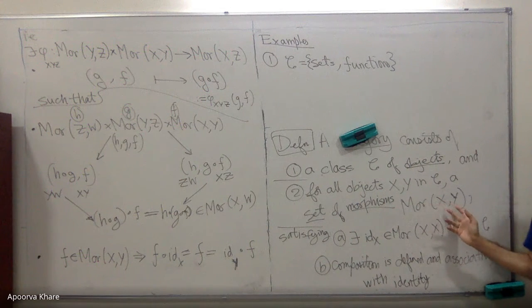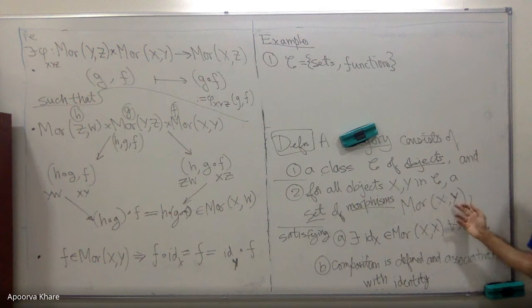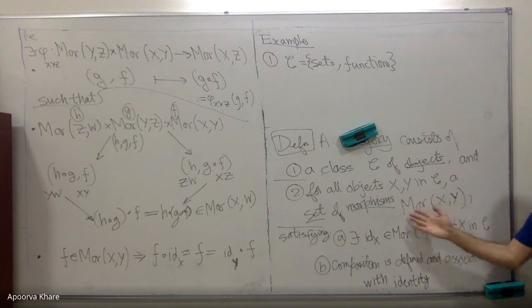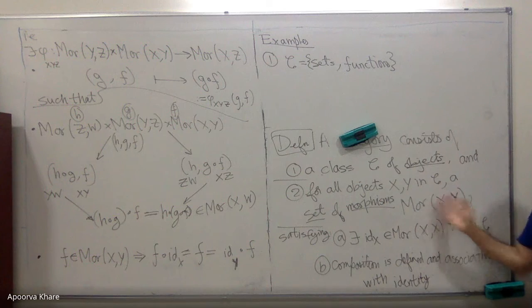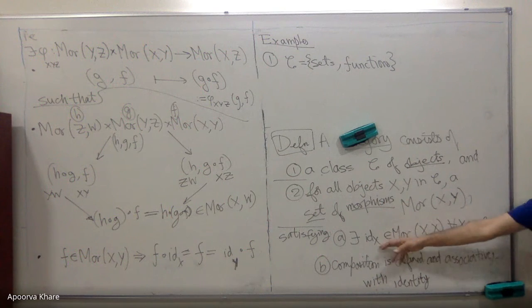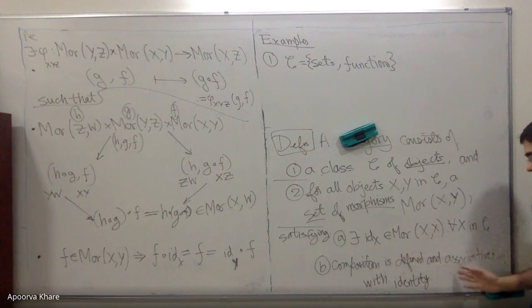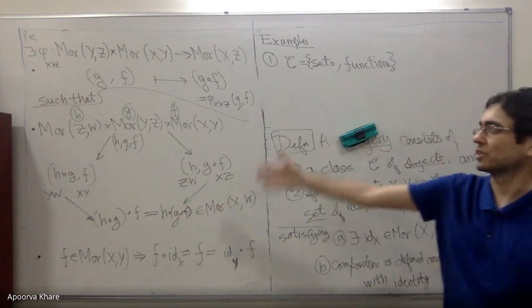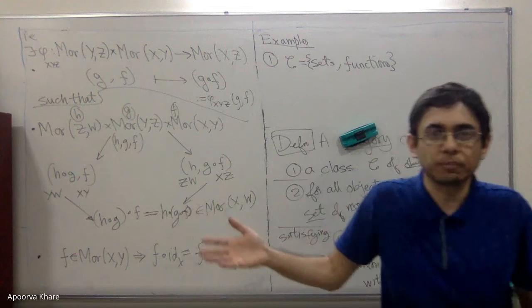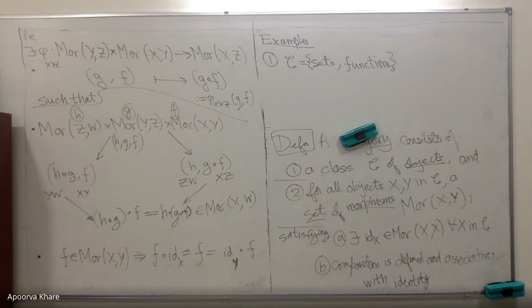Of course, if the set is empty, then you would have the empty set of morphisms. But if X and Y are non-empty, then you would have a non-empty set of maps. And now there exists an identity function from X to X. Yes. Composing is well defined and associative. Of course, yes. And that's the whole point of composing functions. It is well defined and associative.